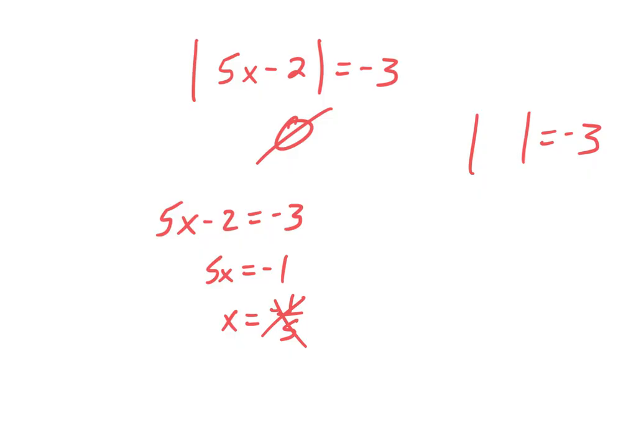Kind of like it is here, right? I don't have anything on the outside of the absolute value equal to some number. And so that's the way we want to get our equation set up, if it's not already there. Now we have the absolute value of 2x plus 1, plus 6 on the outside of the absolute value, equals 4.